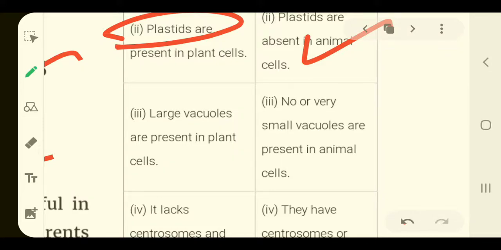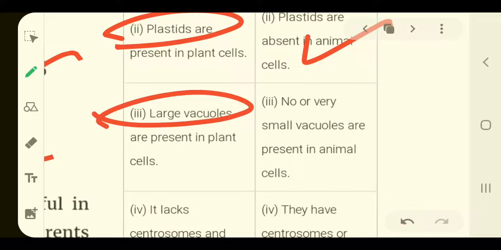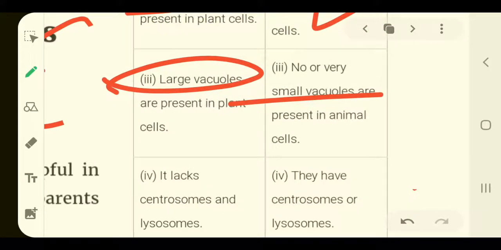Then in the case of plant cells, they have very large vacuoles. As a result, the nucleus is at the side. While in animal cells, there are lots of small vacuoles, okay. So they have vacuoles but the size is small. Then plant cells won't have these new structures called centrosome and lysosomes.